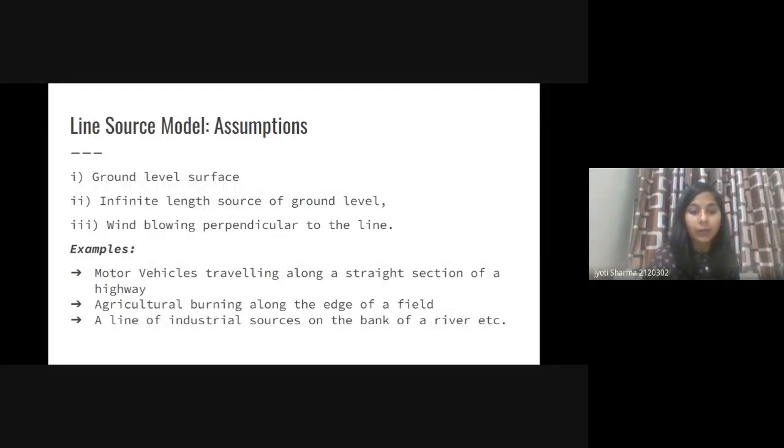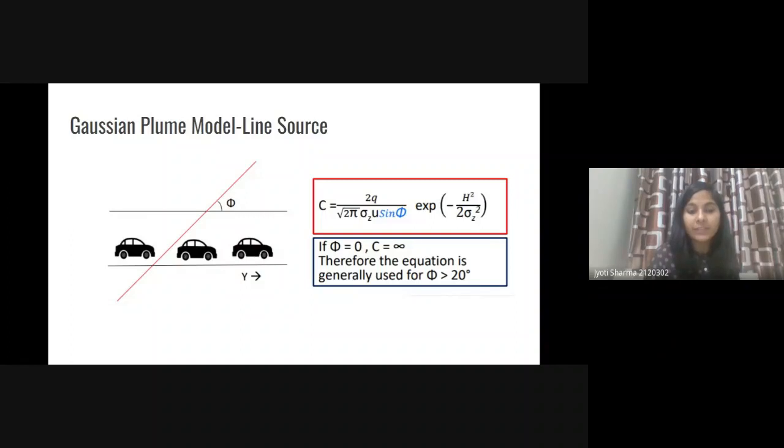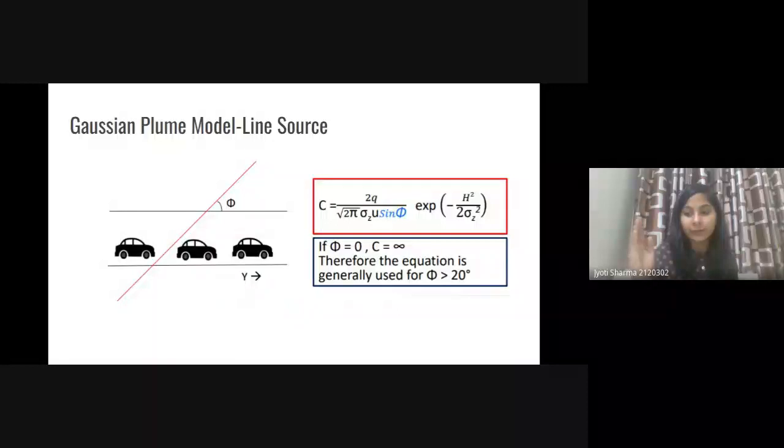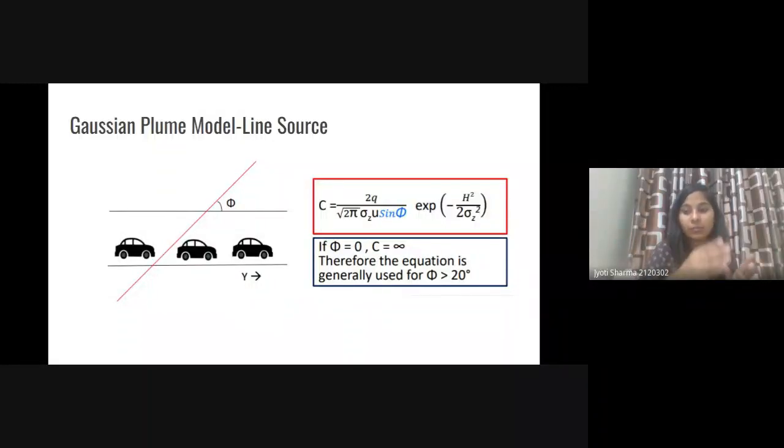Okay, so we have this formula. In this formula we can see we have the sine theta, and this theta is nothing but the angle of the wind. This wind angle can be 0, can be 90 degrees.